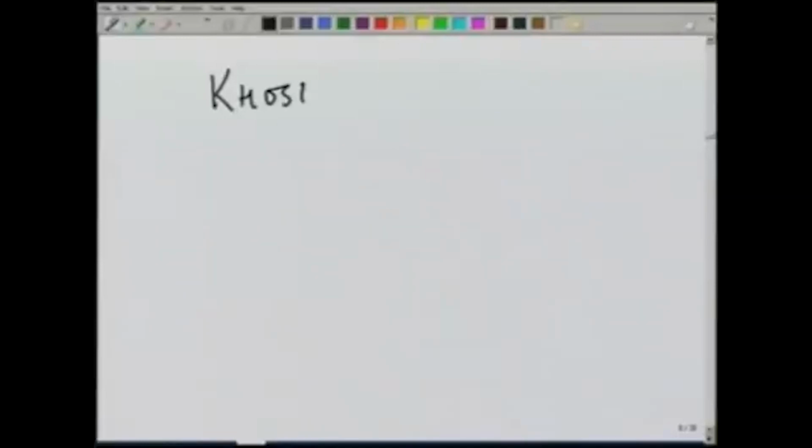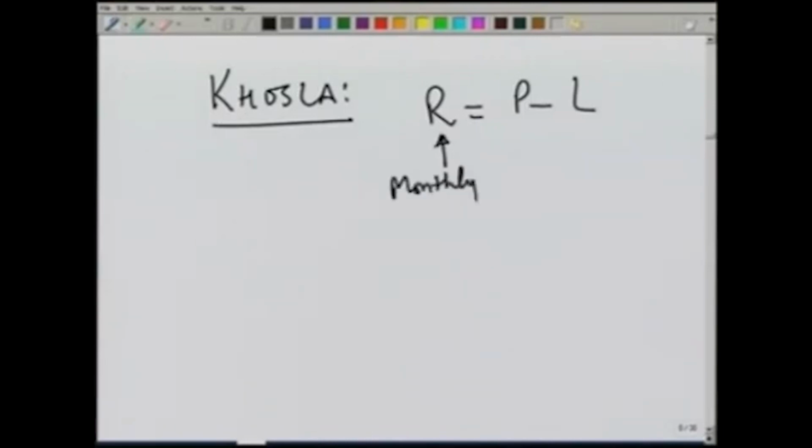So, the Khosla empirical equation is given by R equal to P minus L. So, again R is now monthly. So, we find out the precipitation in a month, which we can obtain from the rain gauge.